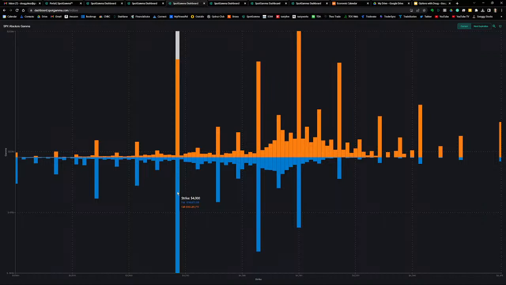That is the absolute gamma strike, the strike with the largest absolute gamma. And that can act as support, resistance, or a magnet for price. And here's the 3,900 put wall. That's the strike with the largest net negative gamma. And that is expected to act as support.